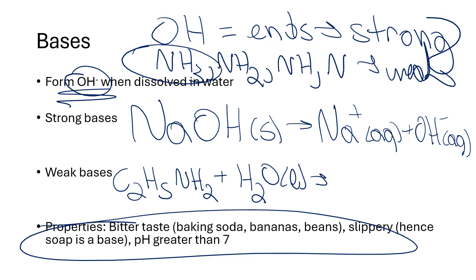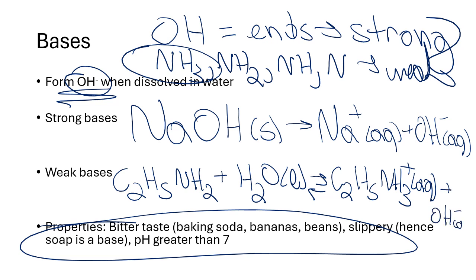Because, and I'm going to draw the double arrows because it's weak, C2H5NH3 plus (aq), now it's a plus on that N because it gains a hydrogen, and then OH minus (aq). So the weak base is aqueous, and the water is a liquid.